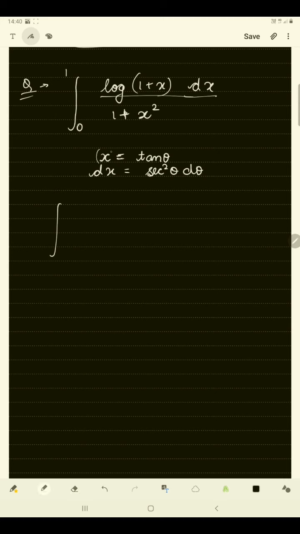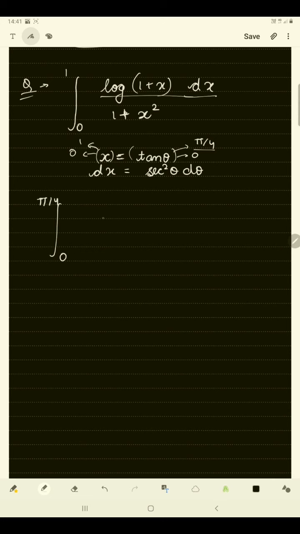So when x had value of 0, theta would also have value of 0, because tan 0 is 0. But when x has value of 1, theta is going to have value of pi by 4, because theta is tan inverse x, and so when we put tan inverse 1, which is equal to pi by 4, the limits would be from 0 to pi by 4.